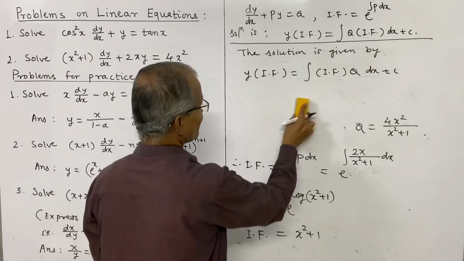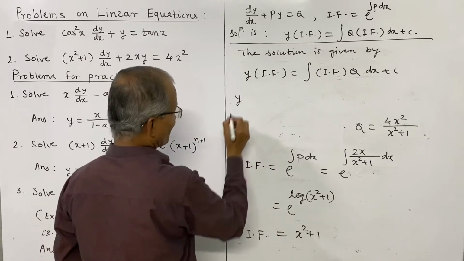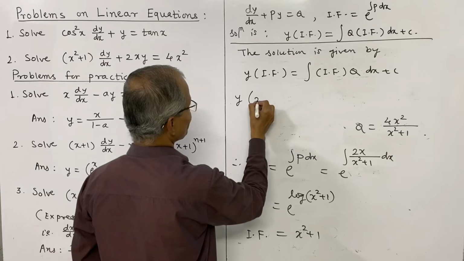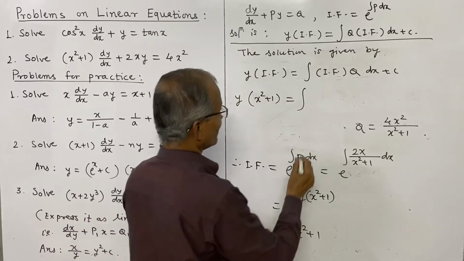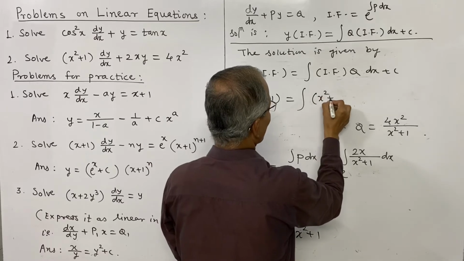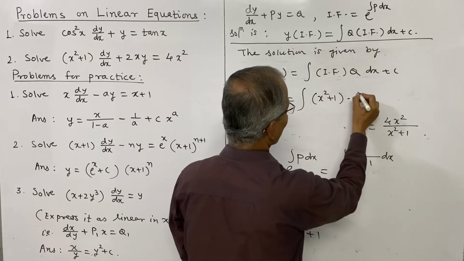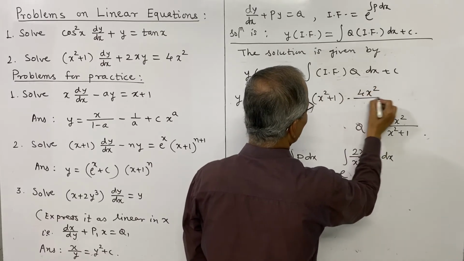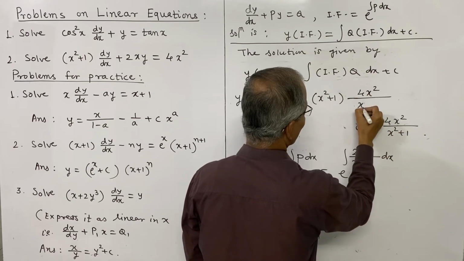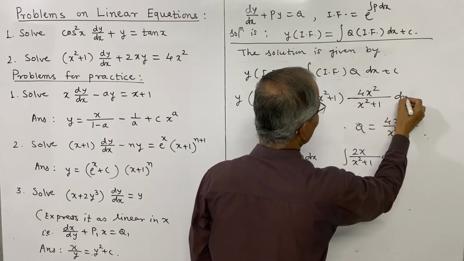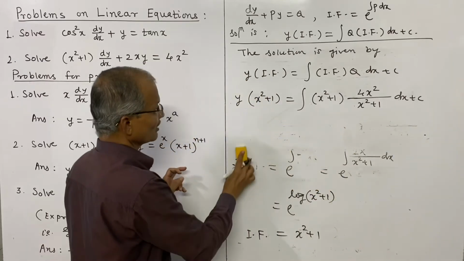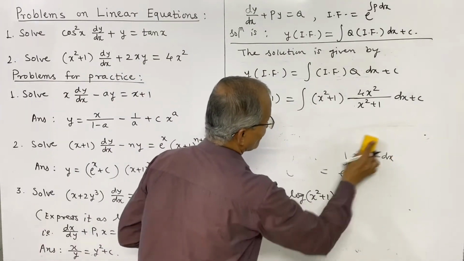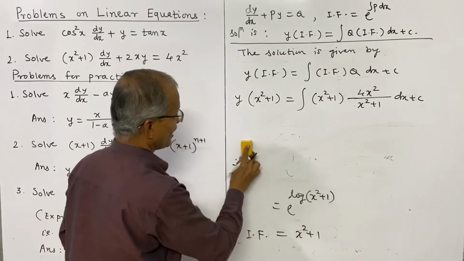So that is y into x square plus 1 is integral x square plus 1 into Q, which is 4x square divided by x square plus 1, into dx plus constant, substituting the values of IF and Q in the rule or in the solution.